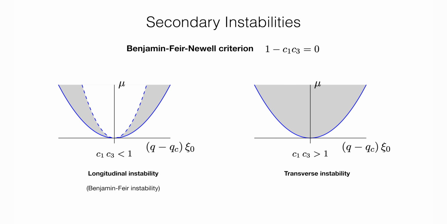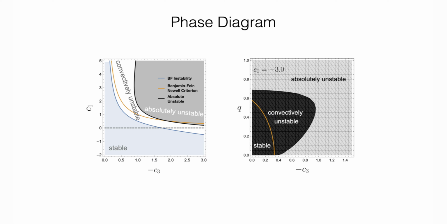All right, now having all of that, so having these criteria for the transverse and longitudinal instability, having what we learned just about the absolute instability, you can plot a phase diagram. And let me guide you through this phase diagram.